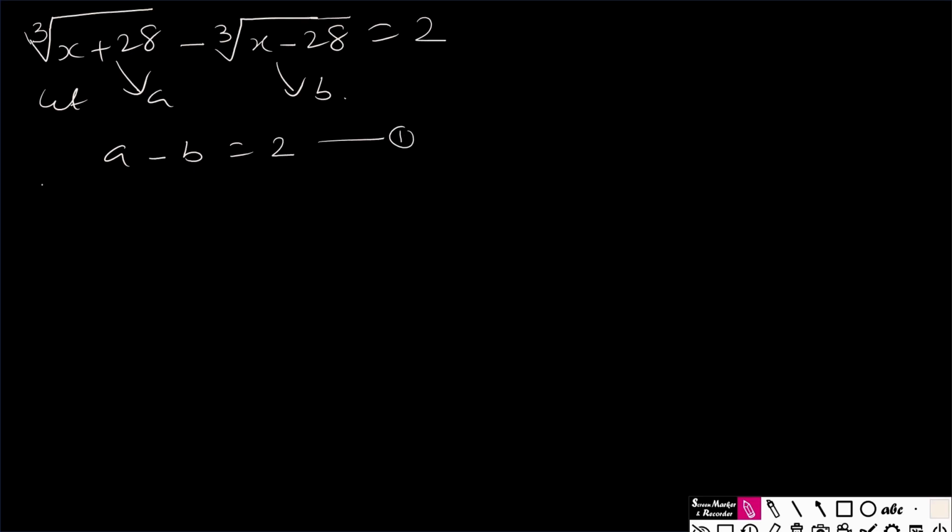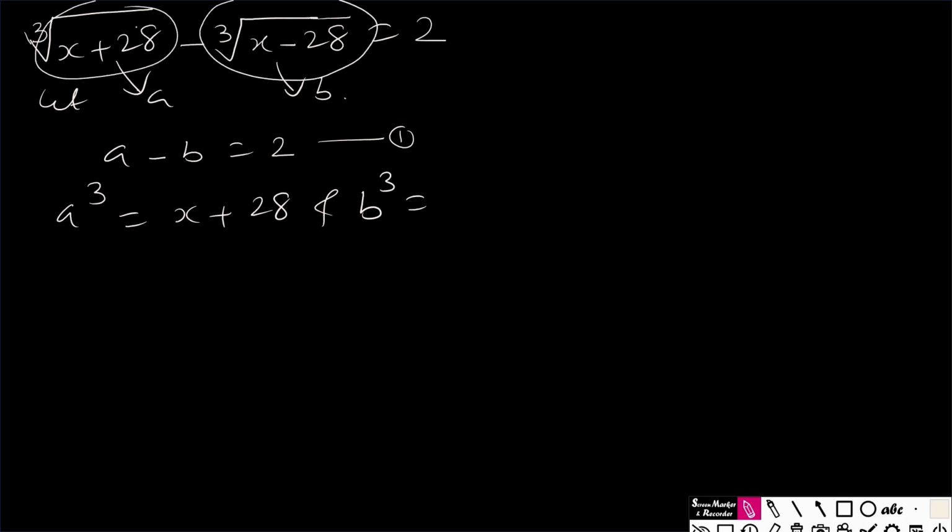Now this is a, so a cubed equals x plus 28, and b cubed equals x minus 28. Just remove the cube root.